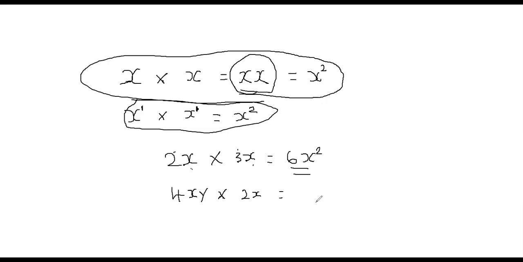So we multiply the numbers. What do we get? 8, sir. 8. Then we multiply the x. Take your time. X squared. So we multiply the x.